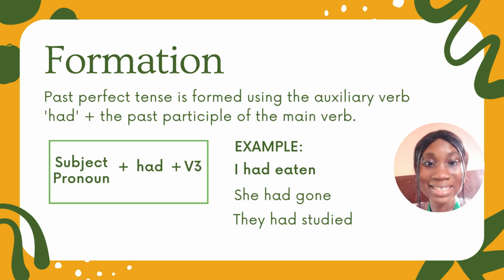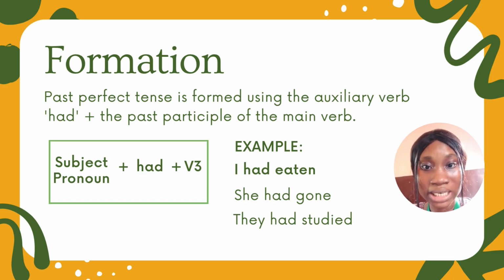Verb 2 is ate, the past tense, and you have your past participle, which is eaten. So you have write, wrote, written; drive, drove, driven; forgive, forgave, forgiven. You're always going to make use of the third kind of verb, your past participle, verb 3.